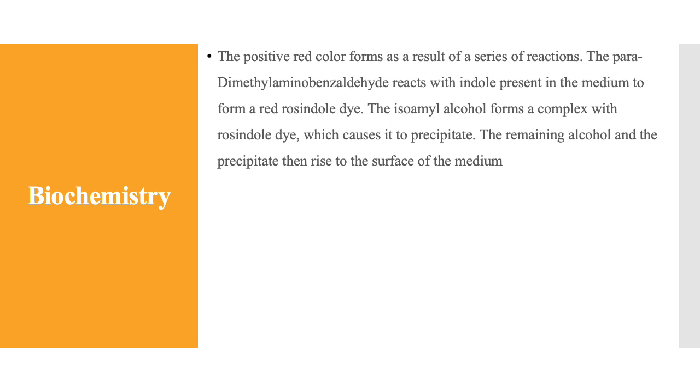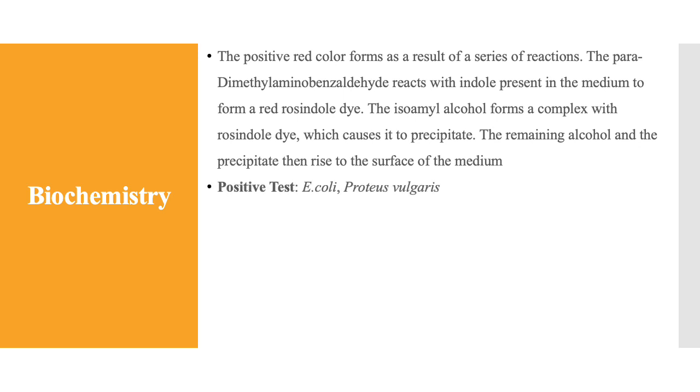The paradimethylaminobenzaldehyde reacts with indole present in the medium to form a red rose indole dye. The isoamyl alcohol forms a complex with this rose indole dye which causes it to precipitate. The remaining alcohol and the precipitate then rise to the surface of the medium.